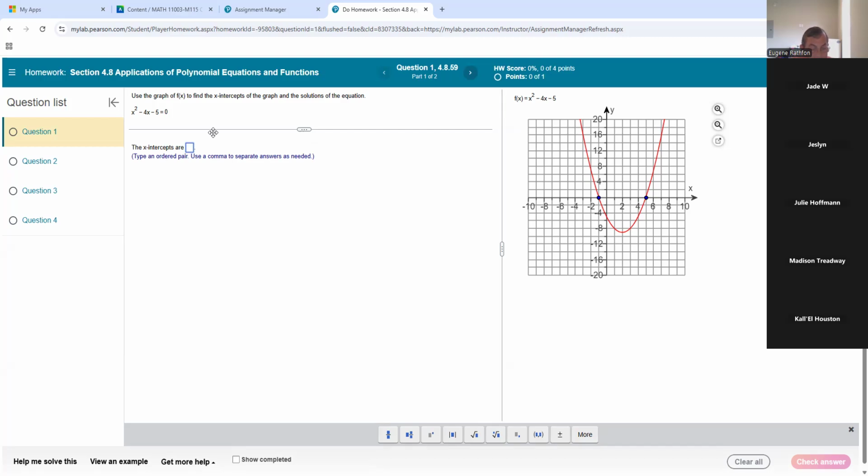First, they want the x-intercepts. Well, x-intercepts have to be like an ordered pair, so they're going to be in parentheses. So I'm going to do the one right here on the left side. That x-intercept is at -1 and has a y value of 0. So that would be (-1, 0) for the first one.